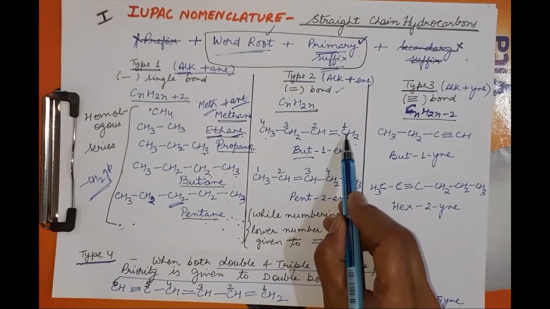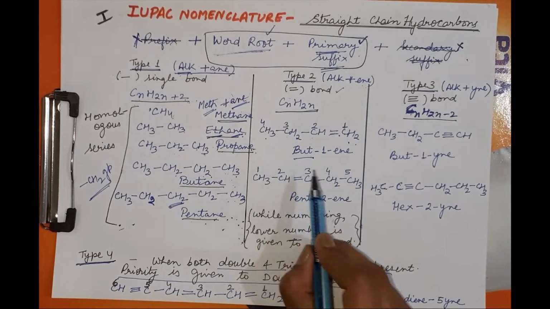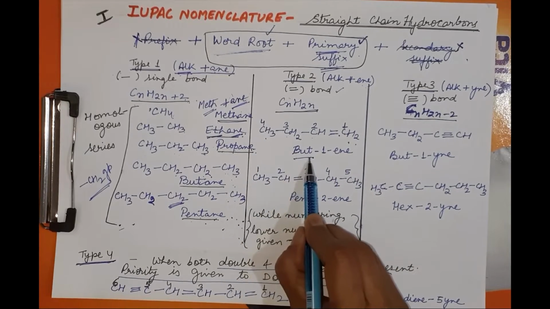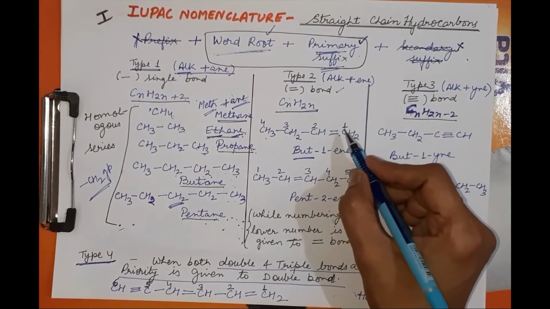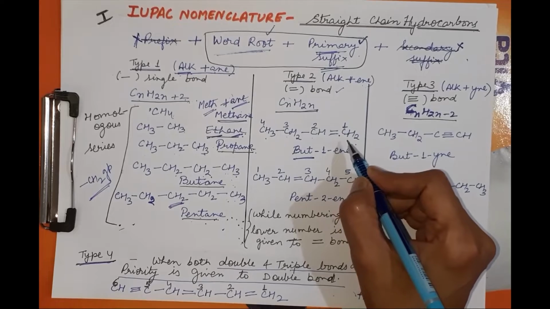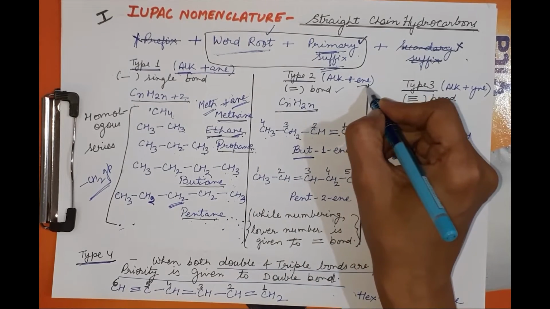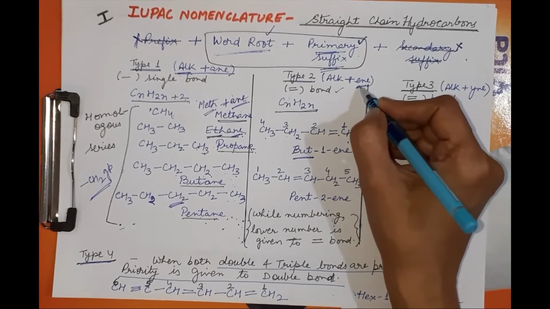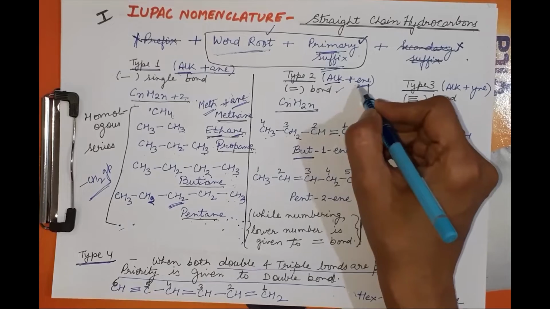In this, 4 carbon atoms are present: 1, 2, 3, 4. So the word root will be but for 4 carbon atoms, and then one double bond is there. For a double bond, as I told you earlier, ene is added, so the name will be alk plus ene.